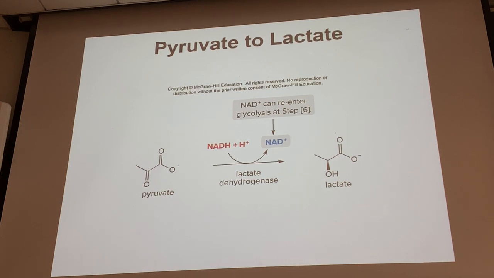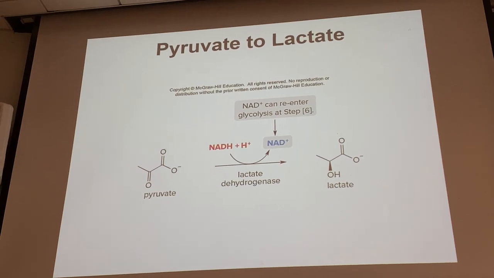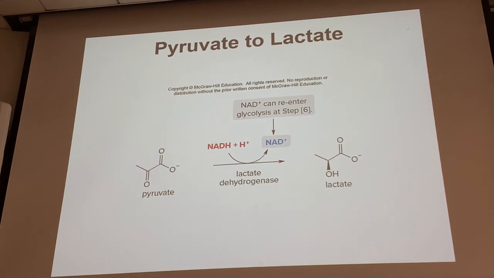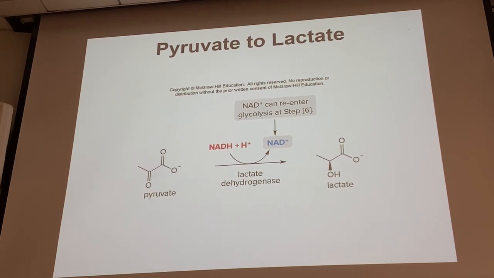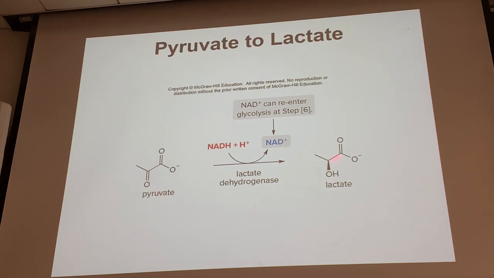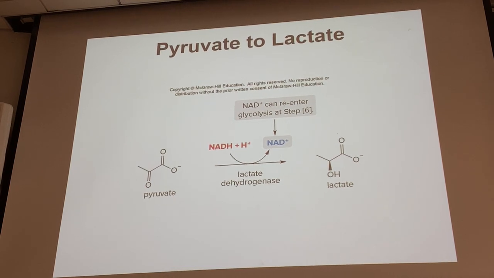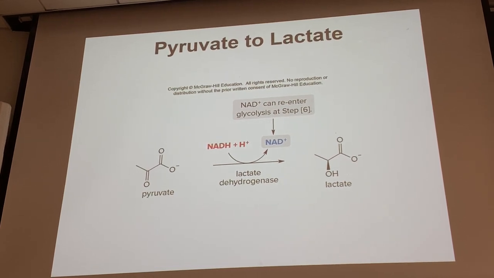And so your muscles are going to need that NAD+. This is a way for your muscles, if you're not getting enough oxygen in, to recycle that NADH to NAD+. It can reduce pyruvate using NADH to produce lactate and NAD+. And now that NAD+ is available to continue breaking down glucose via the glycolysis pathway.